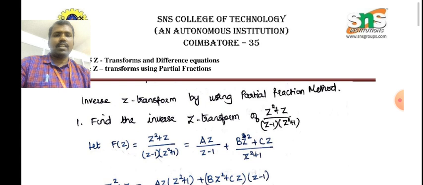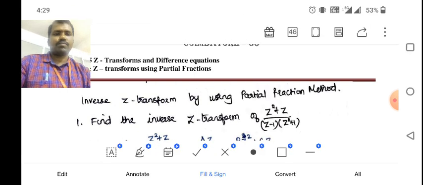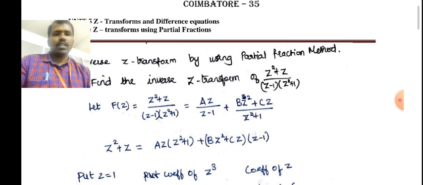First, find the inverse Z transform of (z square plus z) by (z minus 1) into (z square plus 1). Let f of z equal to (z square plus z) divided by (z minus 1) into (z square plus 1), equal to az by (z minus 1) plus (bz square plus cz) divided by (z square plus 1).